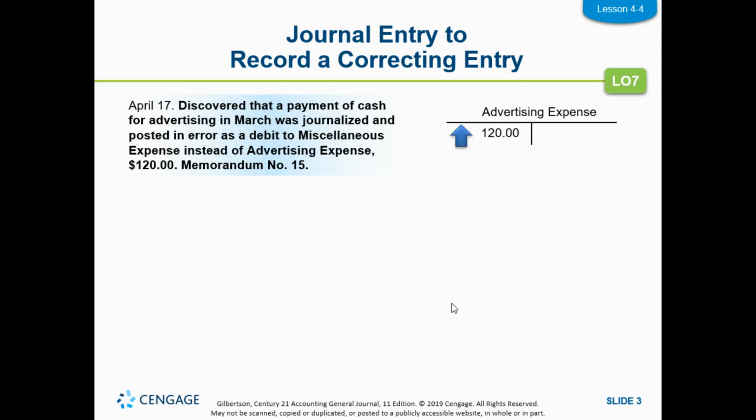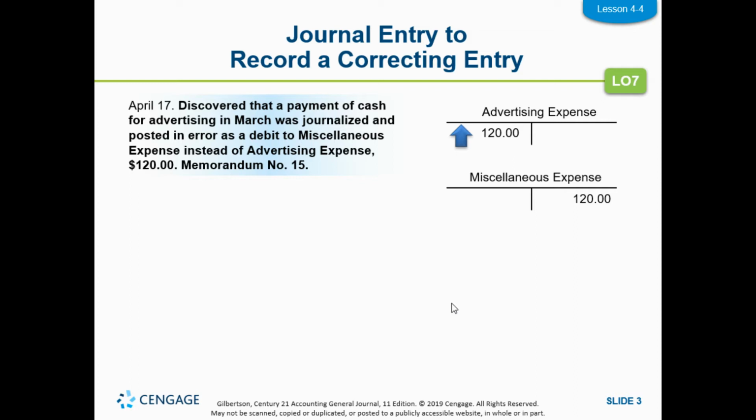Which accounts are affected? How is each account classified? How is each classification changed? Asset, liability, expense, revenue, whatever. And how is each amount entered into the accounts? In this case, let's make sure we have our debit or increase to advertising expense, and a credit to miscellaneous expense to correct the previous entry.